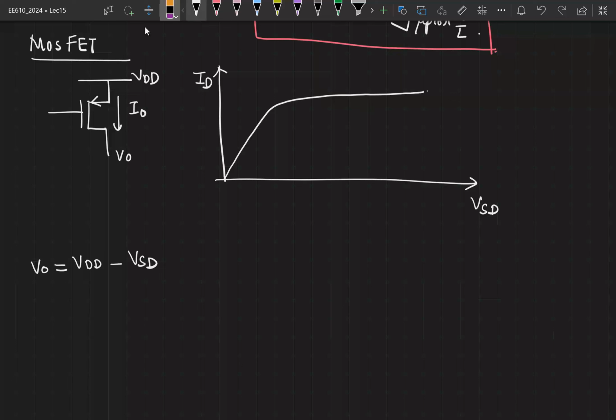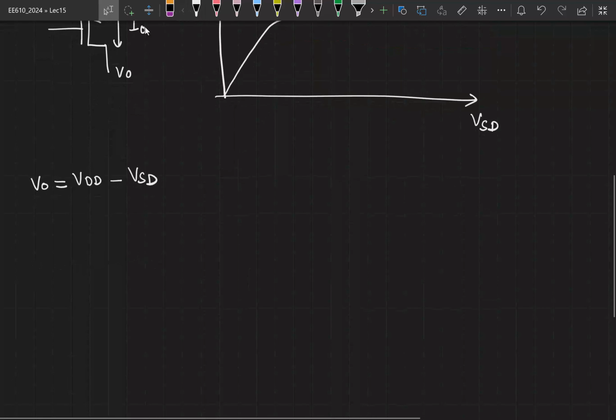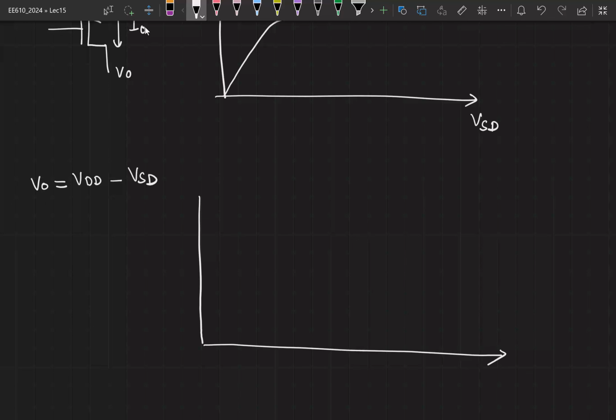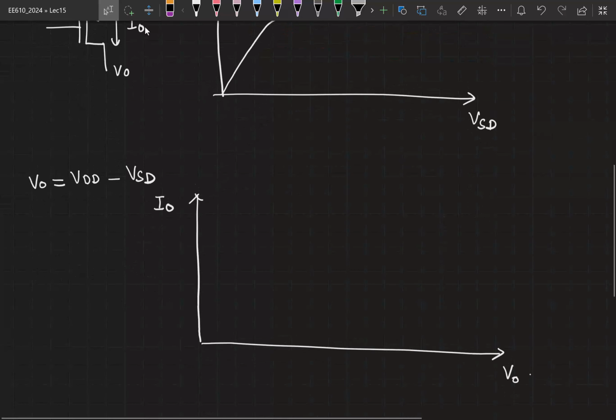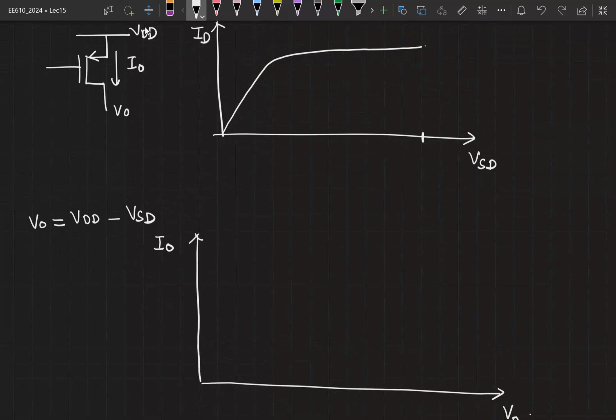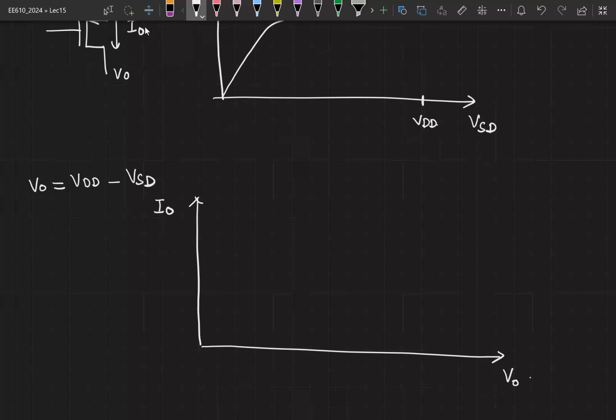You know the relationship, you know one full characteristics. Now I want to plot I naught versus V naught. How does this look? Will it be shifted up? So let's say I plotted this till VSD equal to VDD. You have to invert and then shift it. It should look like this.